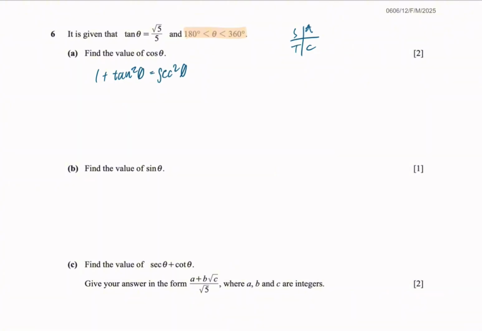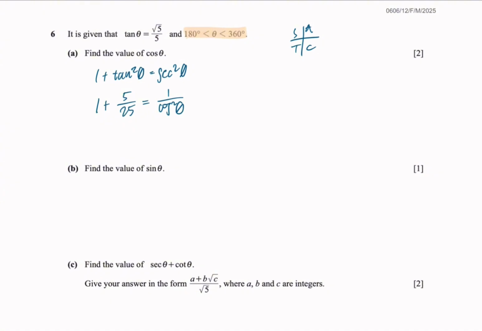Since you are given tan theta, the square of that would be 5 over 25 equals 1 over cos squared theta, because we want to find cos theta, right? Since secant squared theta is equal to 1 over cos squared theta, I'll just replace that.